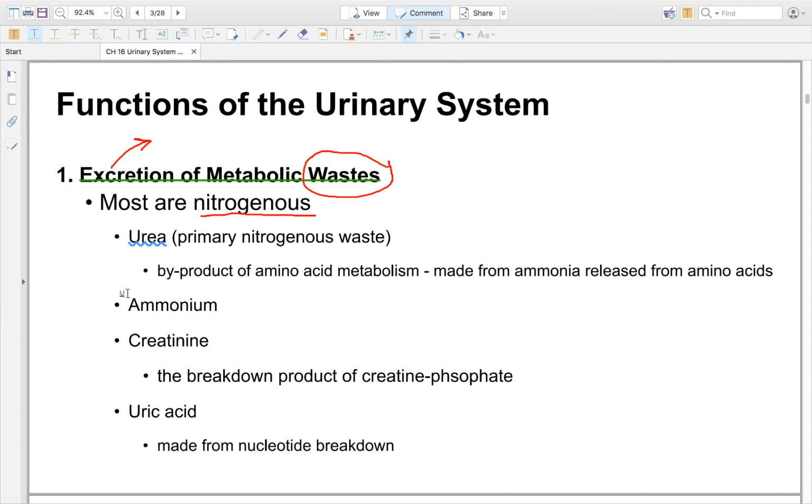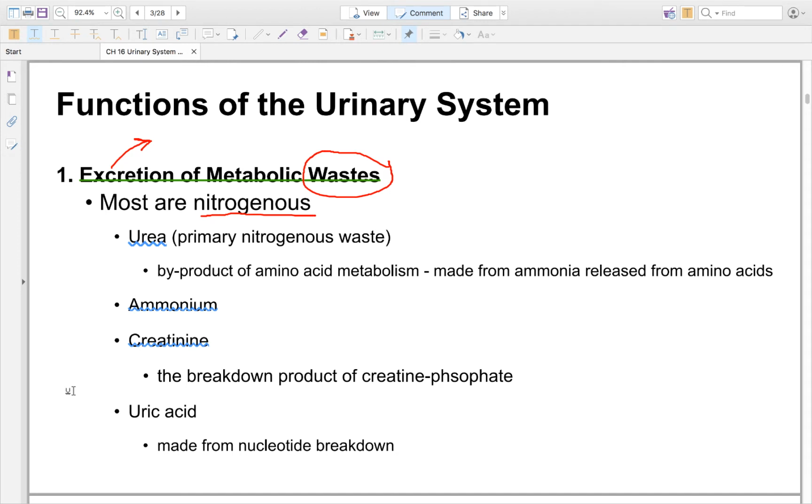All right, so the other nitrogenous waste on the list is ammonium. Okay, and creatine. Creatine comes from the breakdown of a chemical called creatine phosphate, and ultimately creatine phosphate is a byproduct of cellular respiration, just in short.